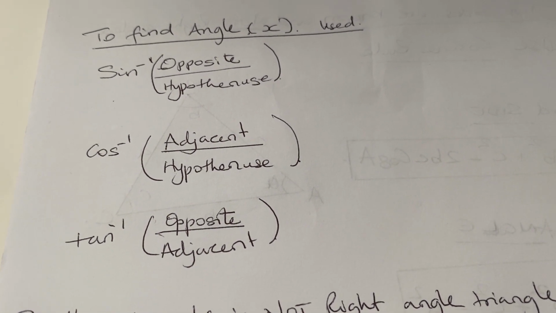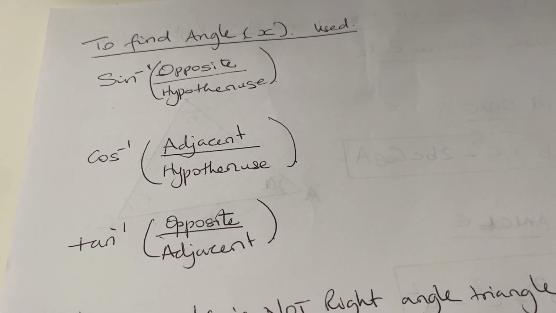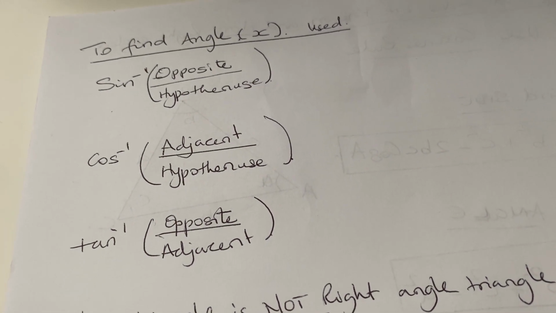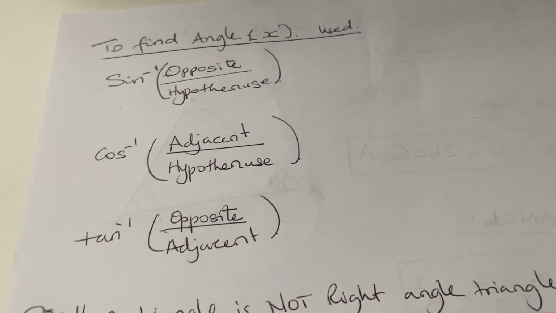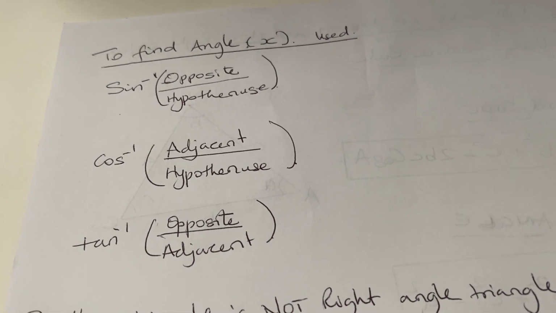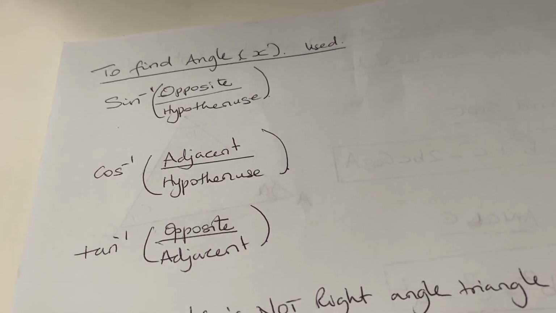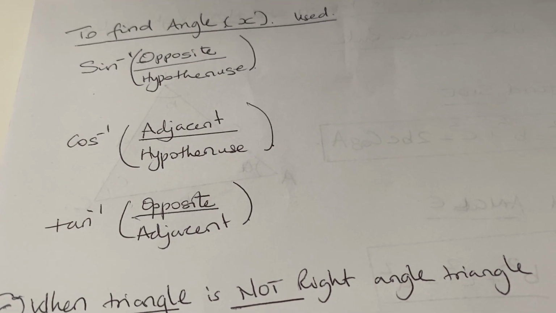If you want to always Google it, in the exam you wouldn't have your phone. If you Google it, it gives it to you, but what if in the exam you don't have it and you can't remember it? You are stuck.